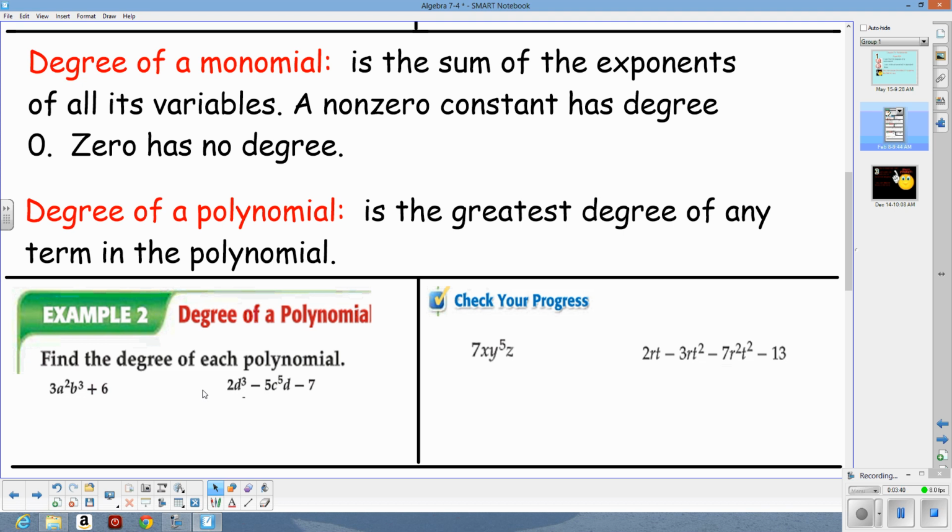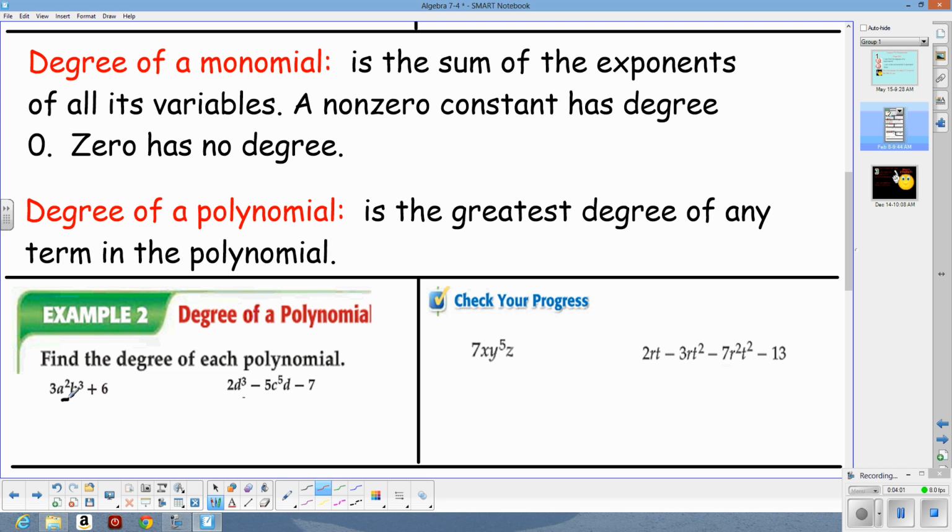If I want to find the degree of this polynomial, I want to first find the degree of each monomial. Right here, you find the degree of this monomial by adding together the exponents of the variables. 2 plus 3 is 5.